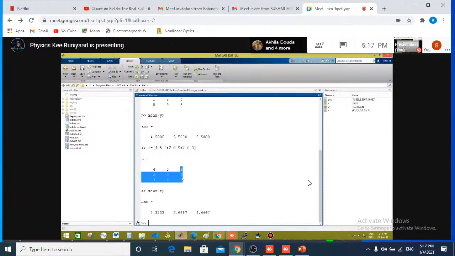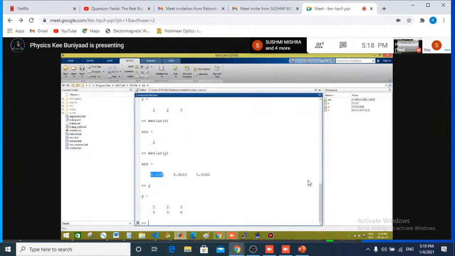Look at y, a matrix with these elements. When I take the median of y, it will give you the median. I described how to calculate it. Add them; if it is an odd number, then find out the middle one. Here it is an even number, so add them, divide by 2, then round up. So that is what is being done here.